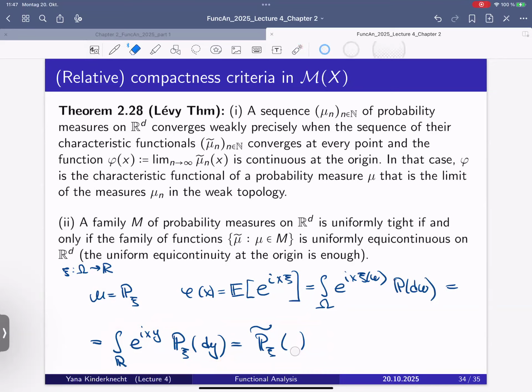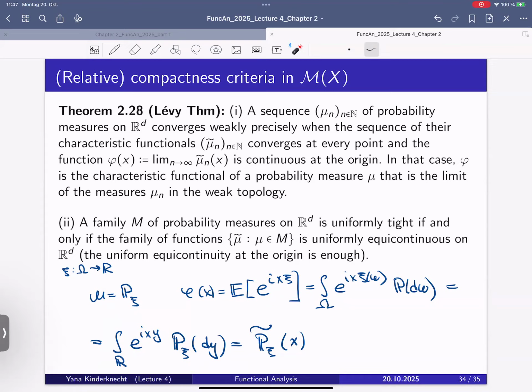Sorry, it's a typo, of course in x. We integrate with respect to y, but x will survive. Thanks. So mu tilde is the same, except instead of P we have mu.